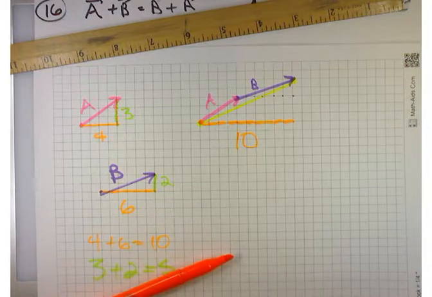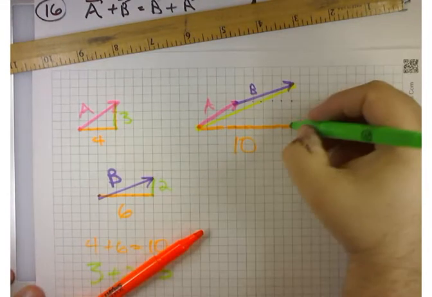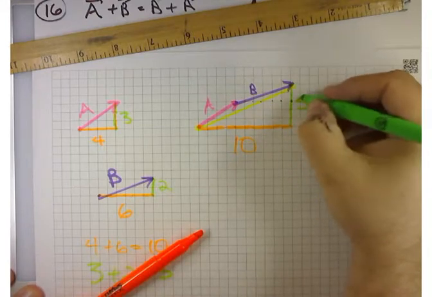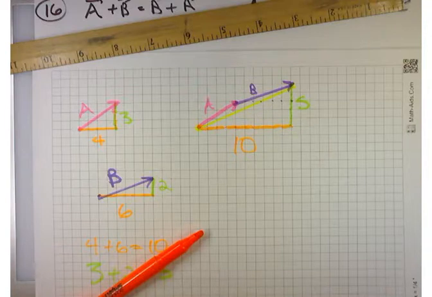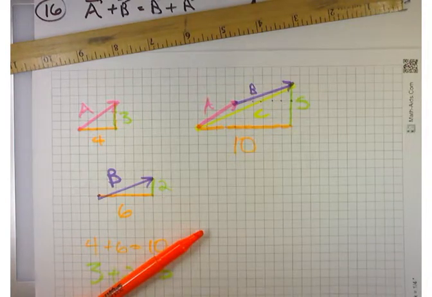And how many should I have gone in the y direction? 5. So I went up 1, 2, 3, 4, 5. So my little yellow line right there is C if I add them up. Right?